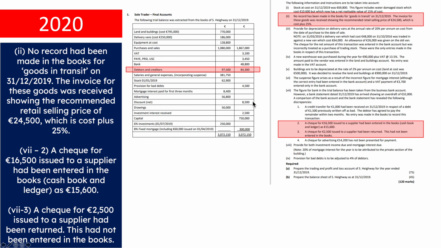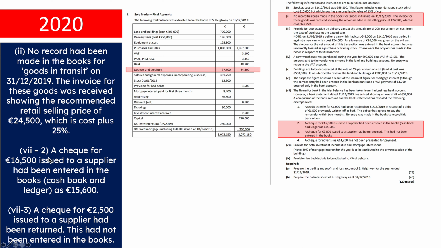In 2020, we have the same thing again in the bank, and we also have another one up here at the top, the goods in transit, that affects the creditor figure as well. Note 2: no record had been made in the books for goods in transit on the 31st of the 12th, 2019. The invoice for these goods was received showing a recommended retail selling price of 24,500, which is cost plus 25%.